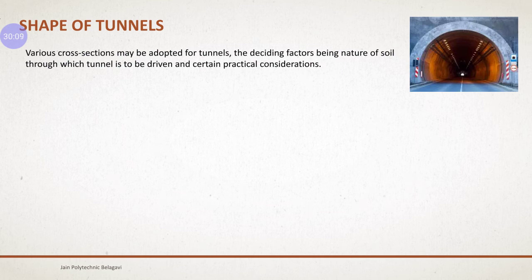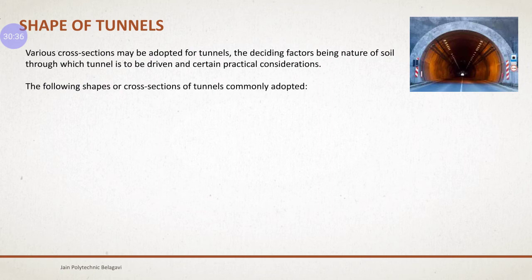There are various cross sections or shapes of tunnels, which depend upon the purpose, the nature of the soil that is available, and the method you are going to use to construct the tunnel. There are various factors that affect the shape and size.